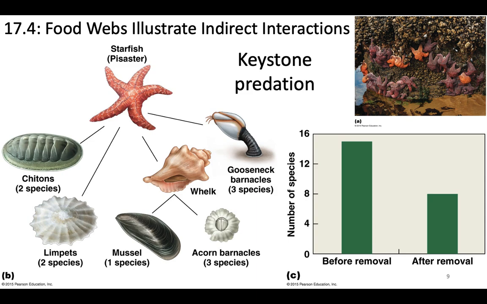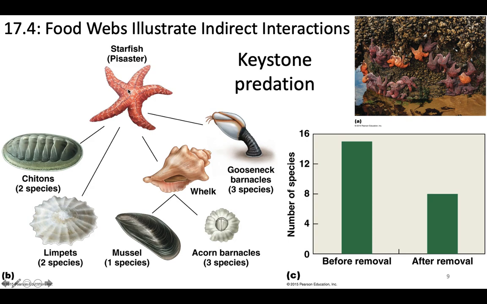In this example here, this starfish feeds on lots of different things, and when you remove the starfish from the community, you have reduced the diversity of the prey as a result of increased competition among the prey items.